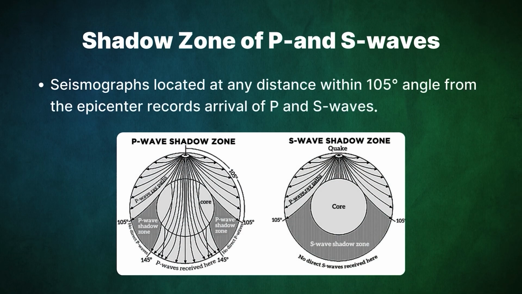While propagating the primary waves, P waves and S waves, we find a shadow zone. What is that shadow zone? I will discuss the shadow zone here.